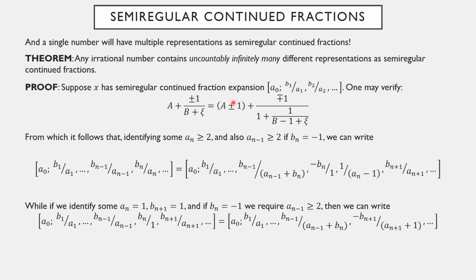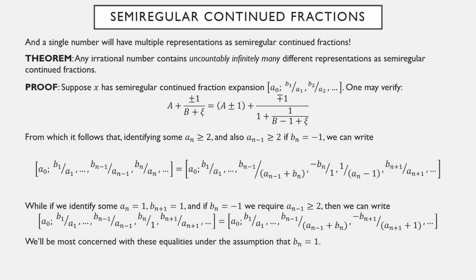Again, this is what I think is the trickiest thing to keep track of. If bn is negative, then this is a plus 1, but then I'm going to subtract 1 to end up here. If bn was positive, then this is a minus 1, and I'm going to add 1 to get over here. Either way, we just had a plus bn. This got exactly reversed. Here's my minus bn. This an plus 1 gets increased by 1, and then after that point, nothing changes.